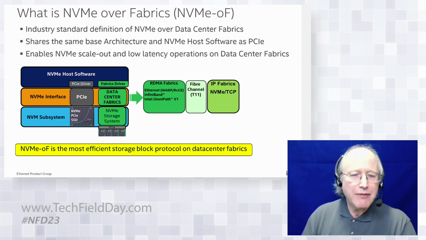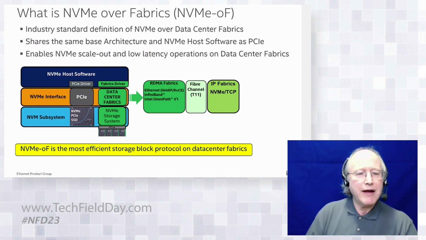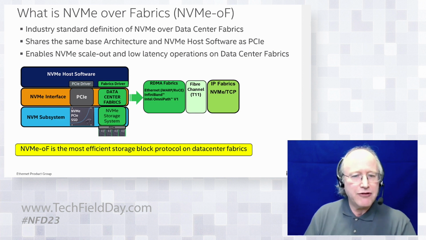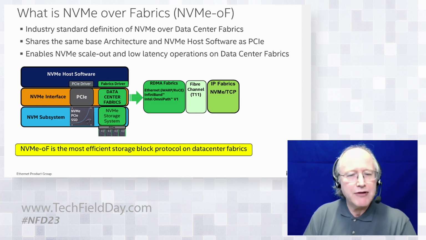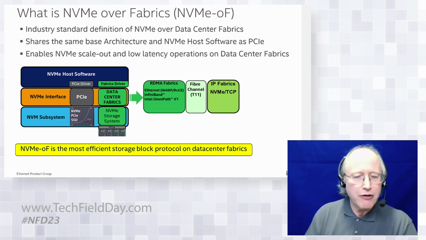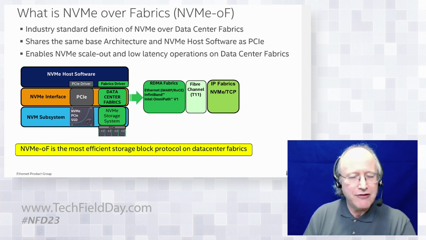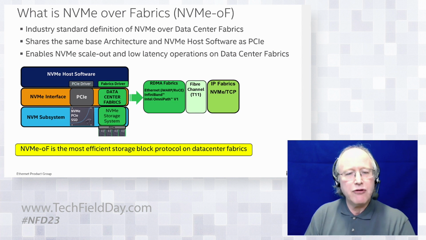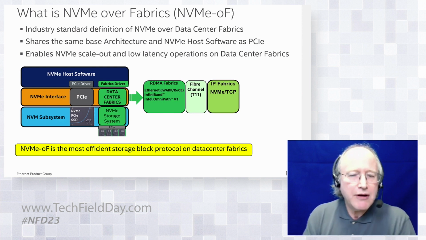Sort of in parallel, the Fibre Channel industry picked up on the benefits of NVMe over fabrics and the fact that their Fibre Channel arrays were having NVMe SSDs in them. So they defined NVMe over fabrics for Fibre Channel in the T11 group. The most recent addition is NVMe TCP.